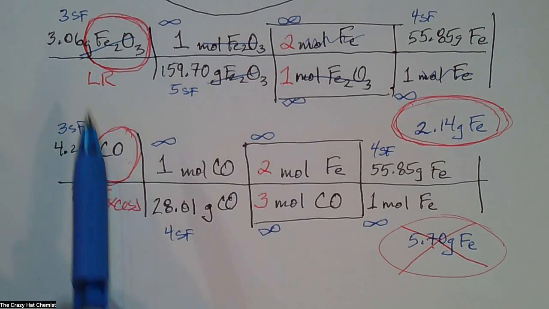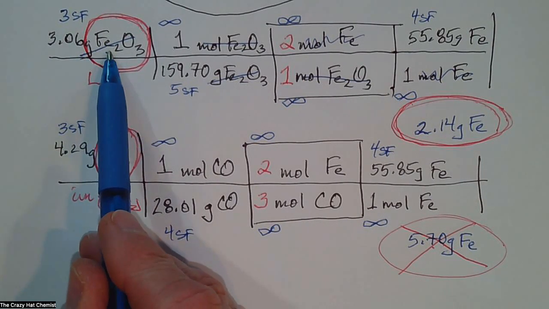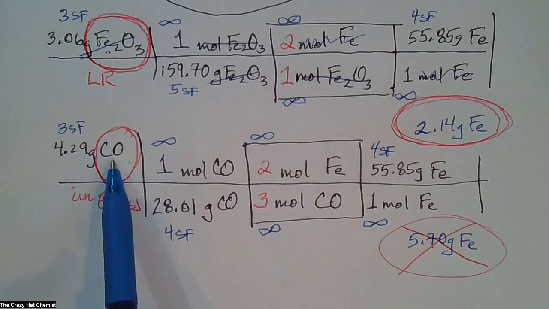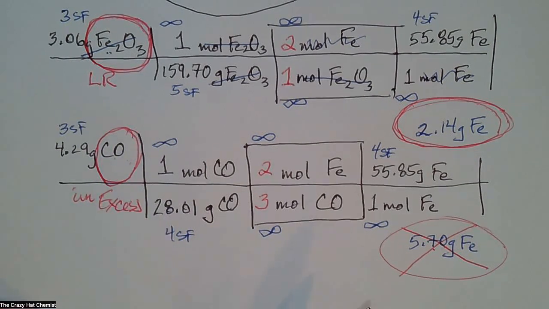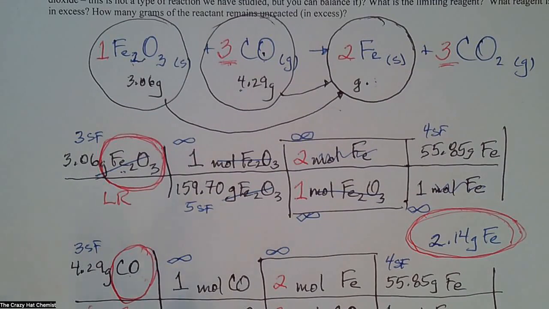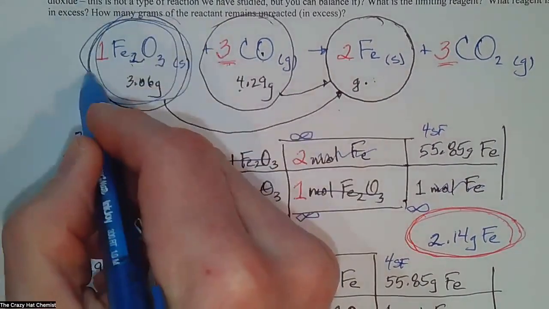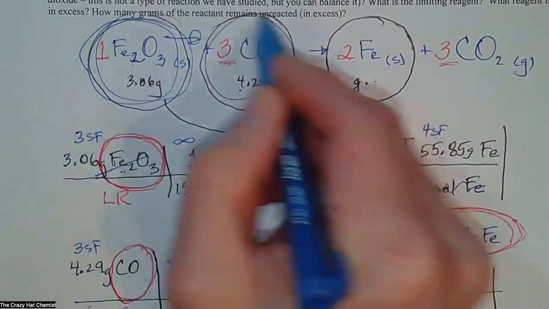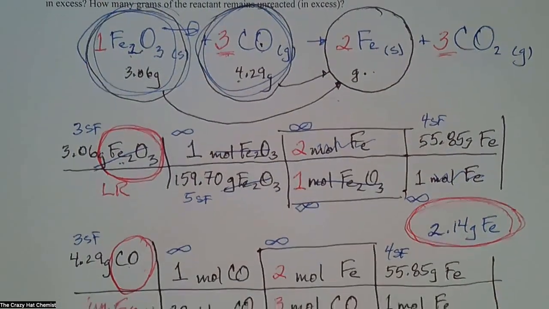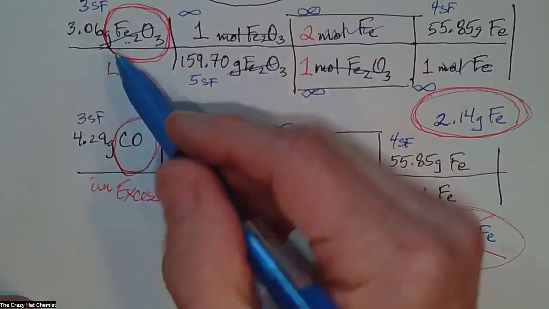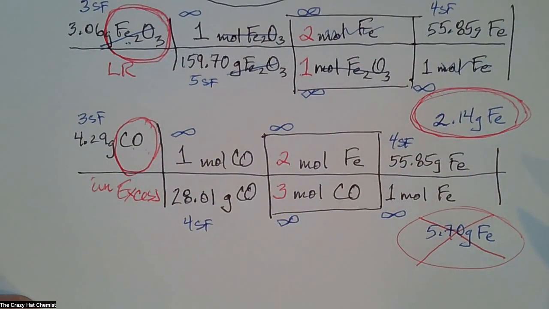So what we're going to do is take our limiting reagent and convert it to the one that's in excess. If I go to my balanced equation, I'm going to take the limiting reagent and convert it to the other reactant. It's that simple. Since we've done these two stoichiometric steps already, we've already calculated all the molar masses that we will need within this problem.